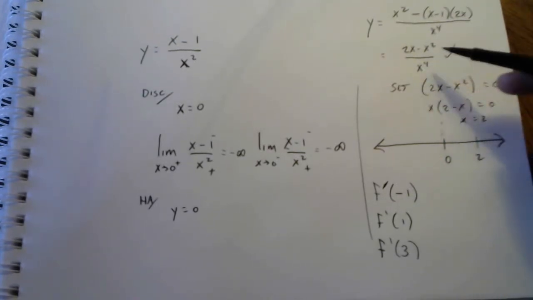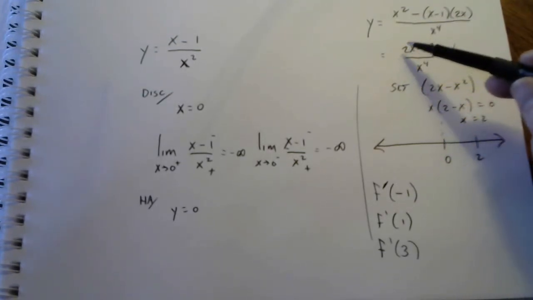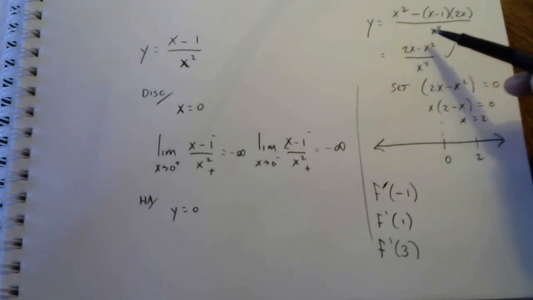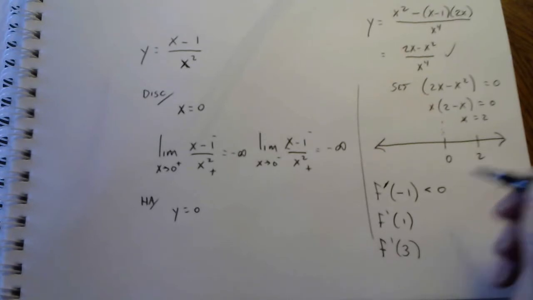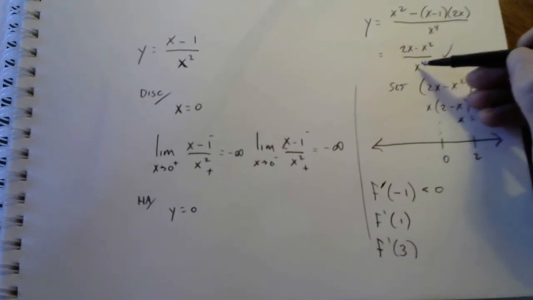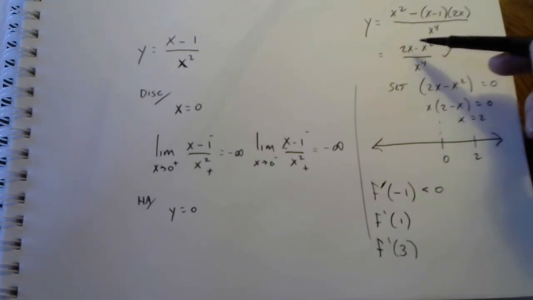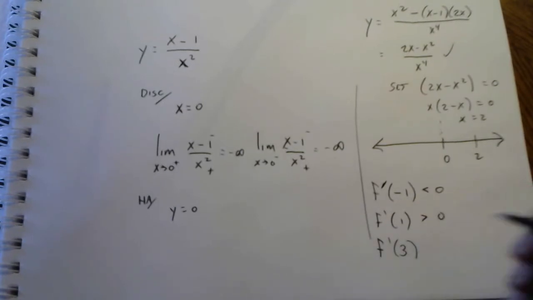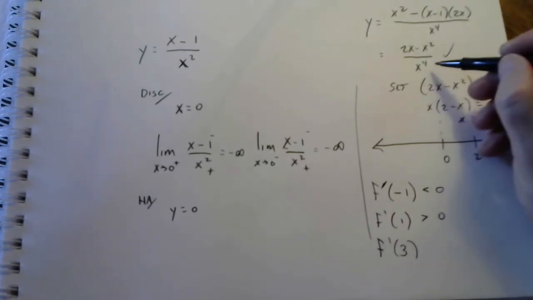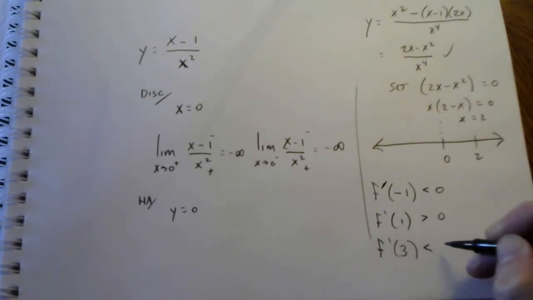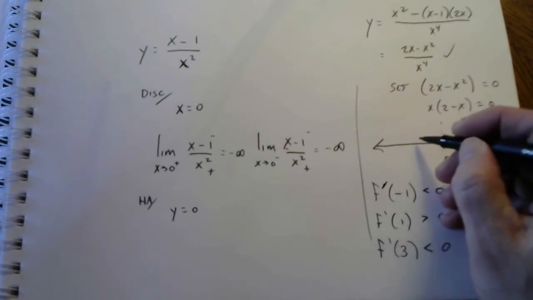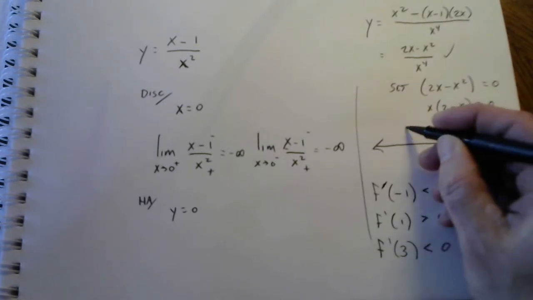So the bottom becomes 1, and then I have negative 2 minus 1, so that's negative. And when a 1 goes in, I have a 1 on the bottom again, and I got 2 minus 1, that's positive. And when I get a 3 in there, what is this? 6 minus 9, negative. So I have this picture.